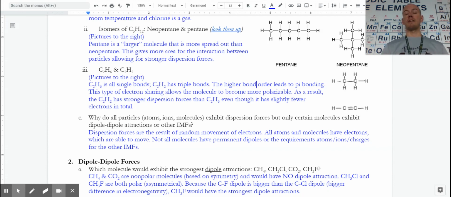Not all molecules have permanent dipoles or have an ion, like an ion dipole, or a hydrogen atom bonded to the right element for any of our other types. So it is everything that has the electrons and has the electrons in motion. That means that they can all have dispersion forces.